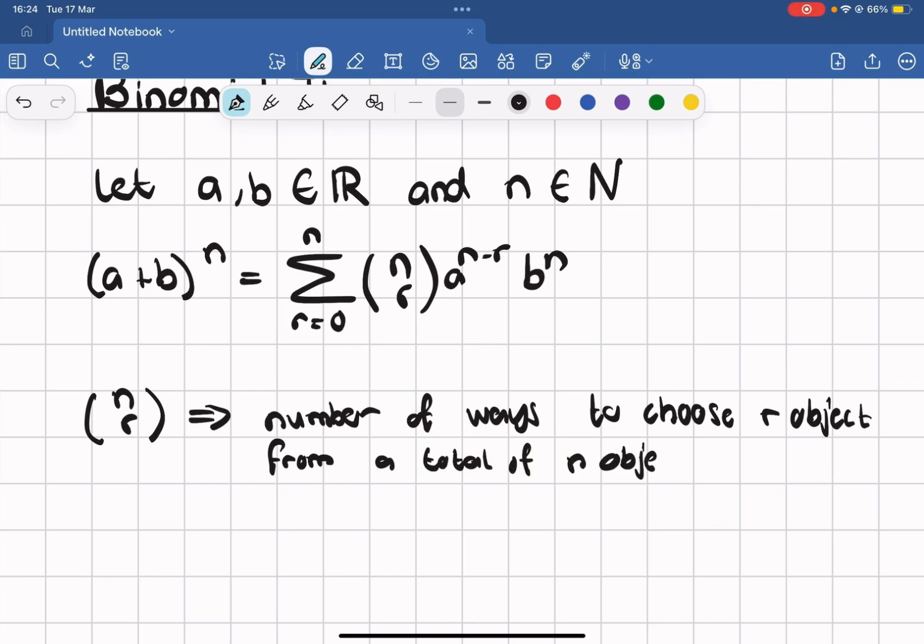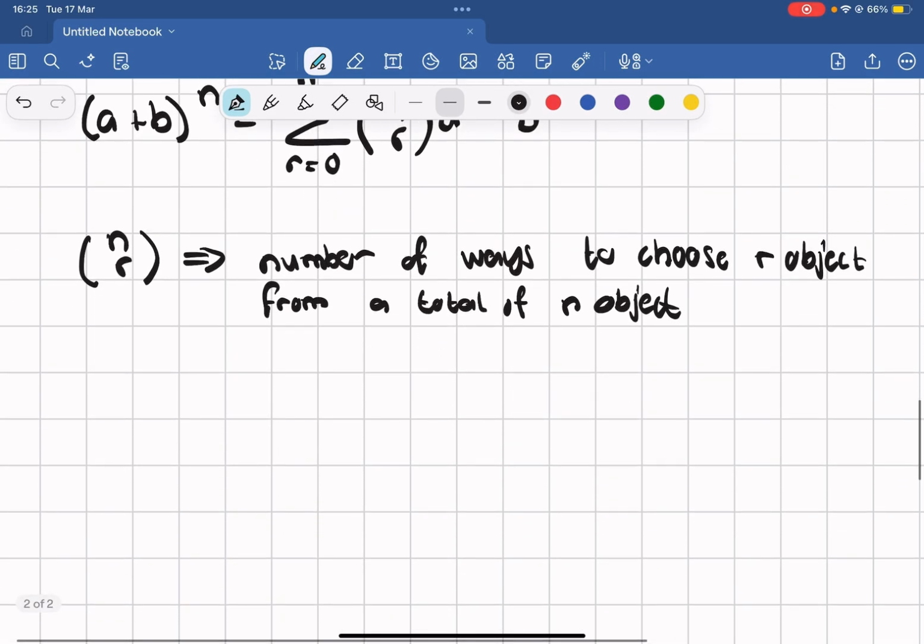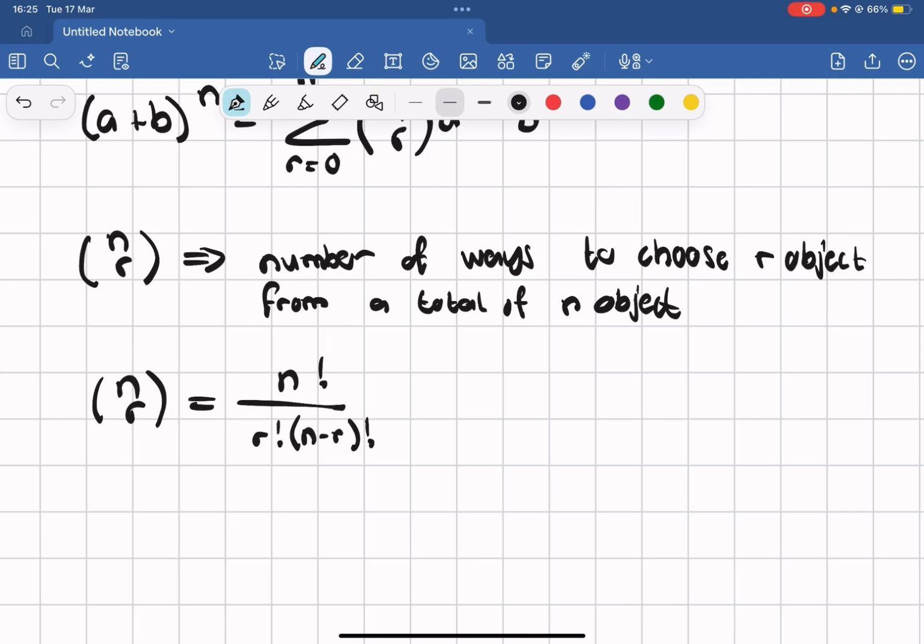And one important thing to know is that when you're choosing r objects from n, the order we choose them in does not matter. We're just selecting, not arranging. So n choose r can be written as a formula, which is n factorial over r factorial multiplied by n minus r factorial.